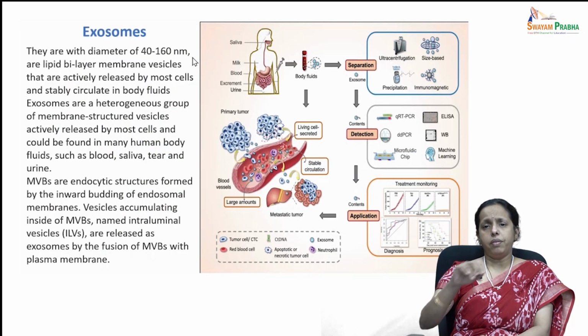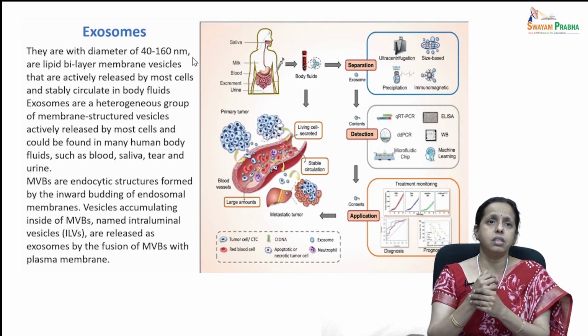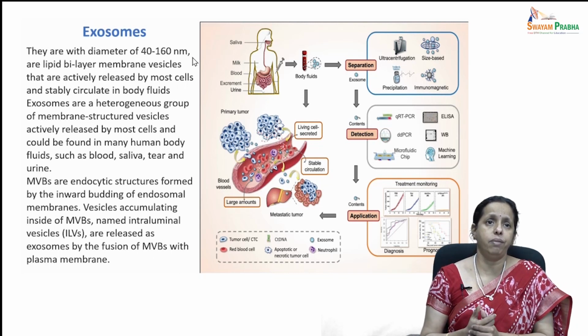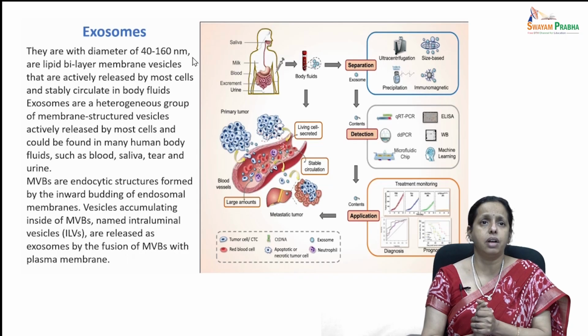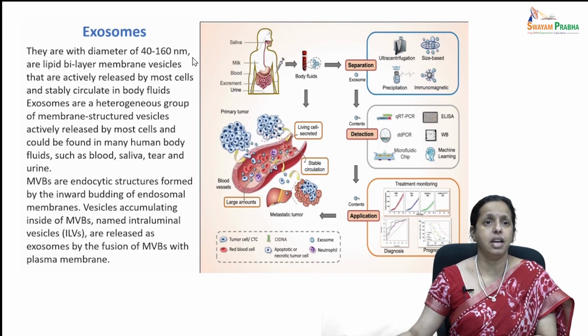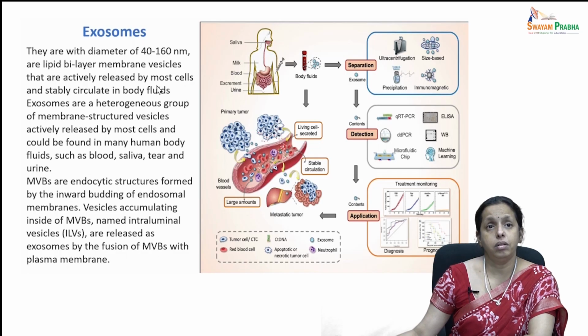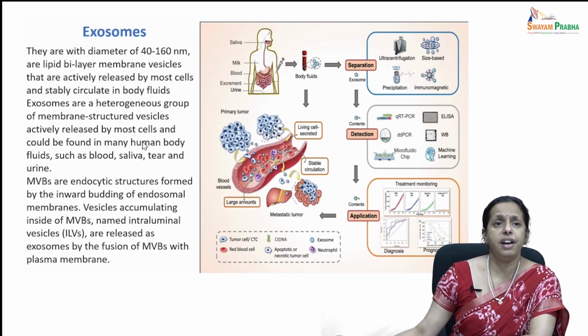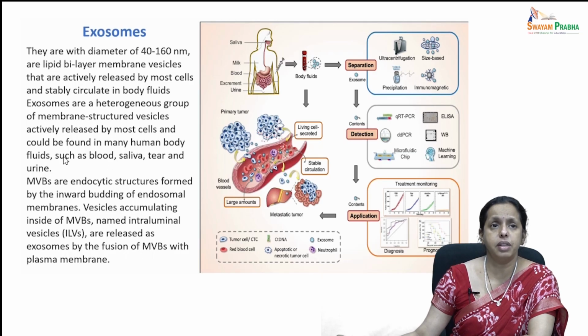One more very important marker from the blood is exosomes, which have a diameter of 40 to 160 nanometers. They are lipid bilayer membrane vesicles, actively released by most cells and stably circulating in most body fluids. Exosomes are a heterogeneous group of membrane vesicles actively released by cells.